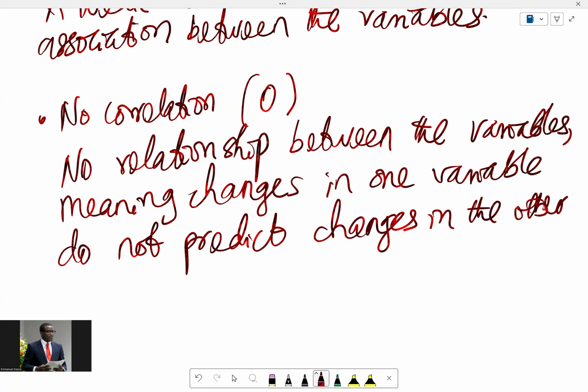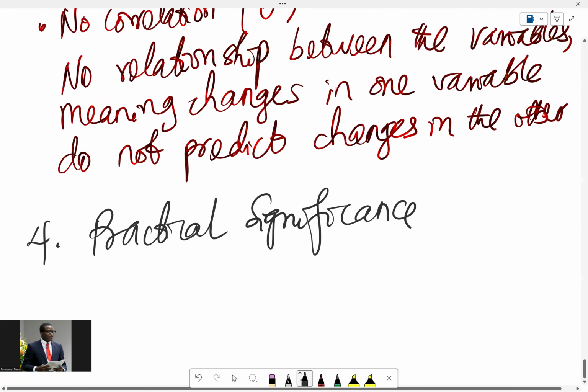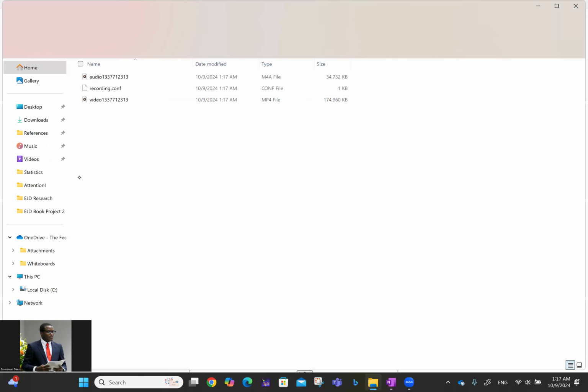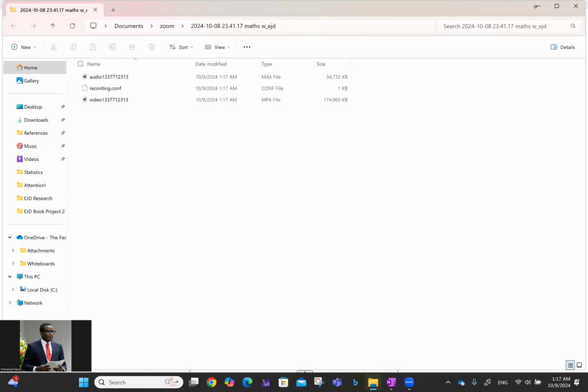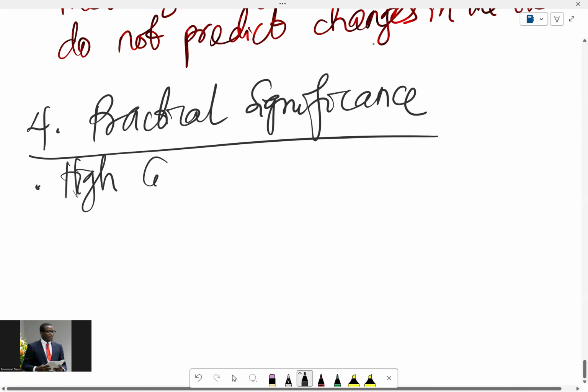Then let's talk about practical significance of all this. What is the essence of high correlation, for instance?